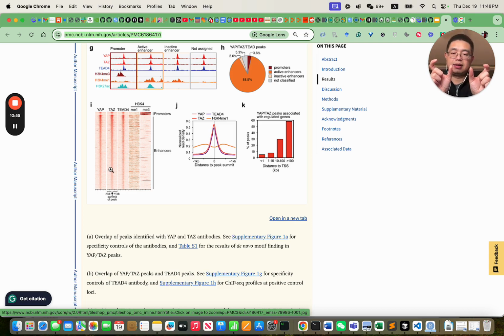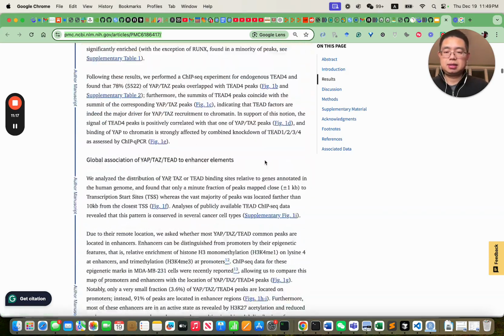Then maybe you use 100 base pairs as one bin, so you have 50 bins upstream and 50 bins downstream, right? And then just count how many reads are in those bins and represent them as a heatmap. And J, this is just a line plot. K, this is just a bar plot, right?